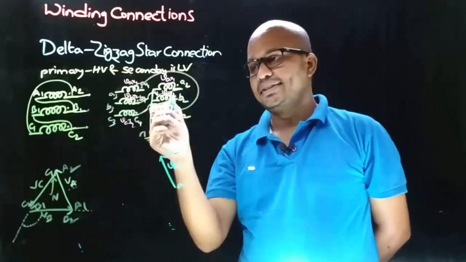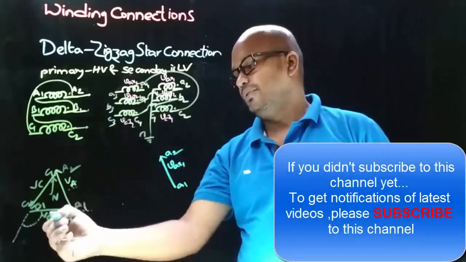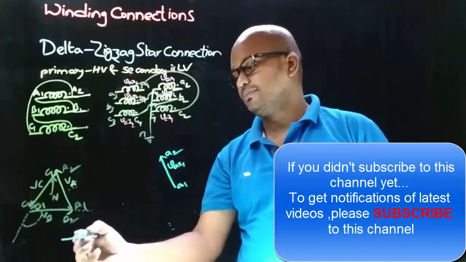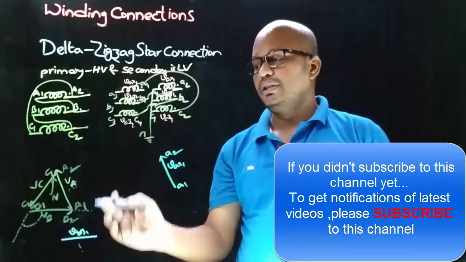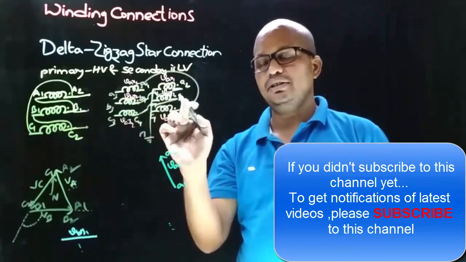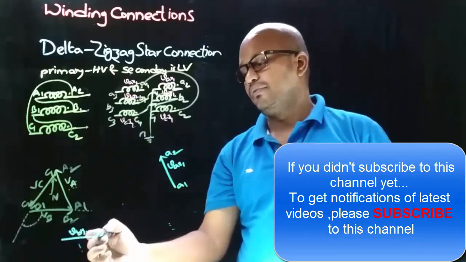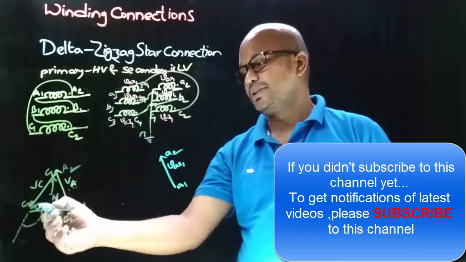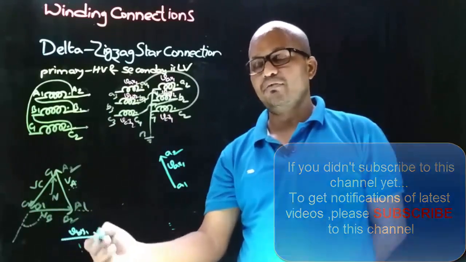So let's draw the secondary side VB-Y1 phasor parallel to the primary side VB phasor somewhere here like this. And now we need to decide the direction of this VB-Y1 phasor. Coming to the primary side, the connection is taken from dot end, and on the secondary side the connection is taken from dot end. Therefore the direction of the VB-Y1 phasor is the same as that of the primary side VB phasor. And now we need to decide the terminals of the secondary side VB-Y1 phasor.